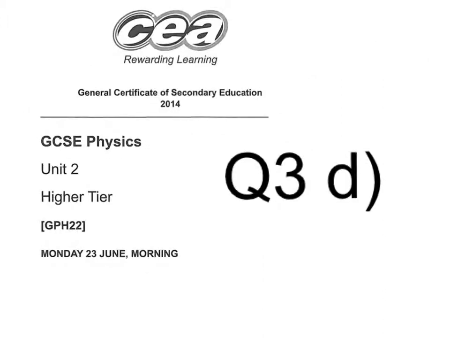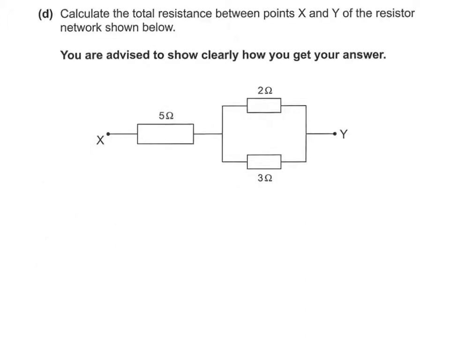Question 3D in 2014, again with the CCEA GCSE paper, asks a very similar question using a network of resistors that looks very like the one we've just looked at. You don't get a whole circuit this time, you just get an isolated part of a network of resistance with again a series and parallel combination.